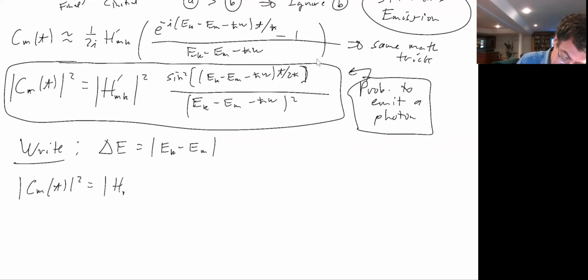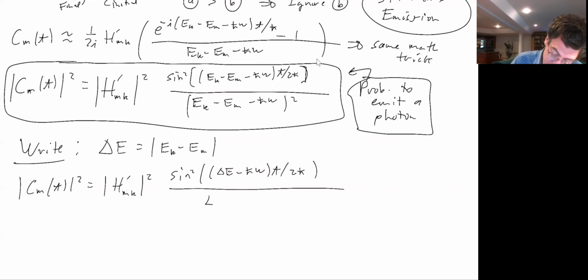We have the matrix element connecting the two states. And then we have sine squared of (delta E minus h bar omega) times t over 2 h bar, divided by (delta E minus h bar omega) squared.